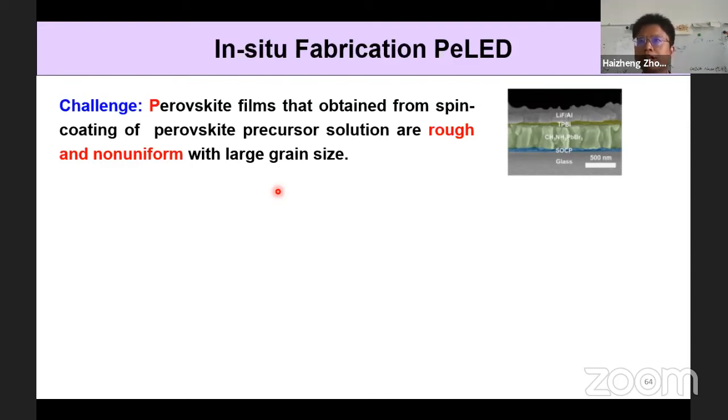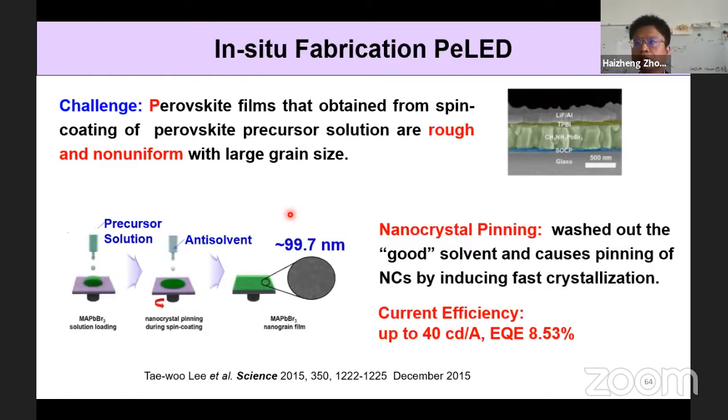In the regular way, perovskite films obtained from spin coating of perovskite precursor solution are rough and non-uniform with large grain size. In 2015, Professor Tae-Woo Lee from Korea developed a nanocrystal pinning strategy by washing out the good solvent with anti-solvent.